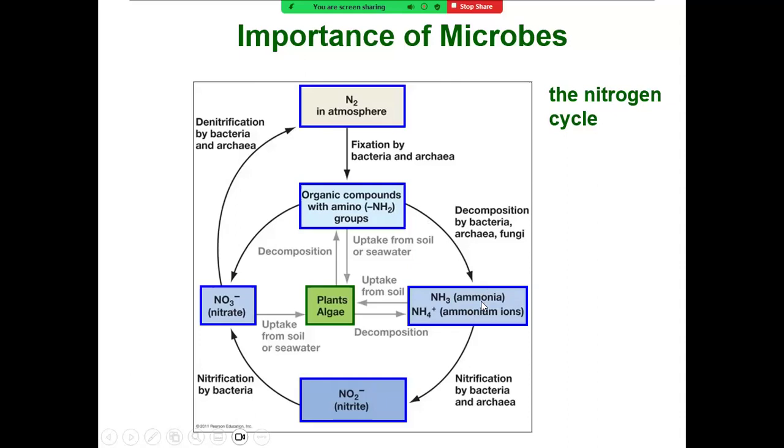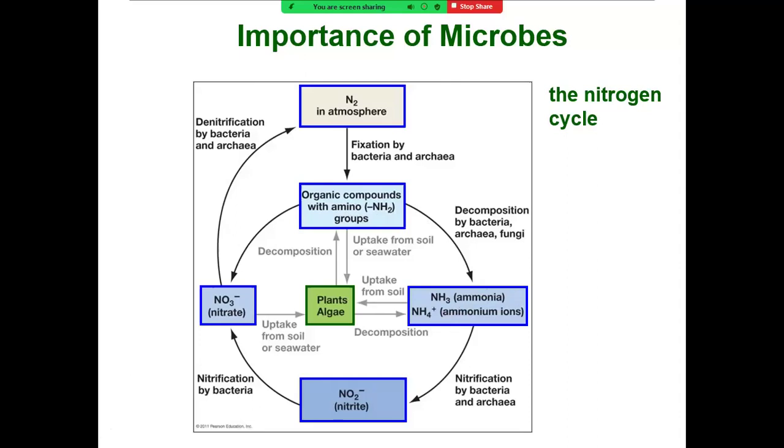The ammonia or the ammonium can be used by plants and algae, but they don't really like it. You give too much ammonia to plants, it'll actually poison the plant. But they can use ammonia.